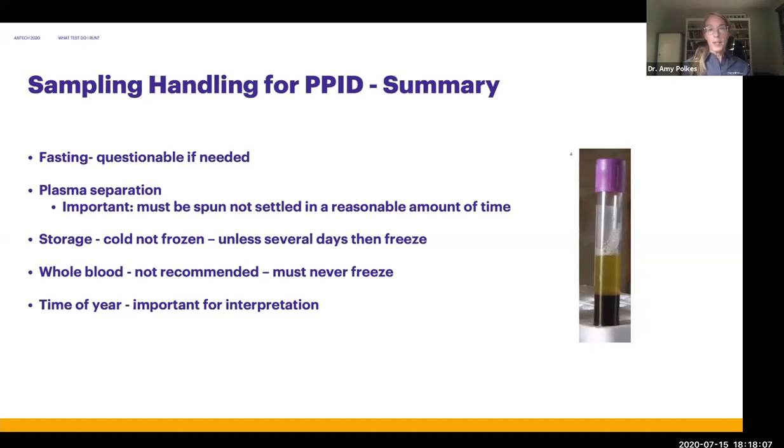Plasma separation: it is important that it gets spun and not settled in a reasonable amount of time, and if you are going to settle, remember to do it twice. Storage cold, not frozen, unless it's going to be several days, then you can freeze. And we really don't recommend whole blood. You will not get an accurate reading. And the time of year, of course, is important for interpretation.